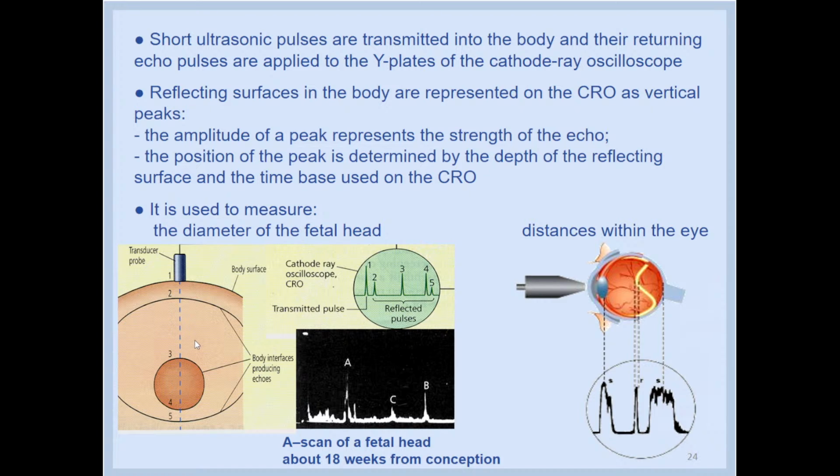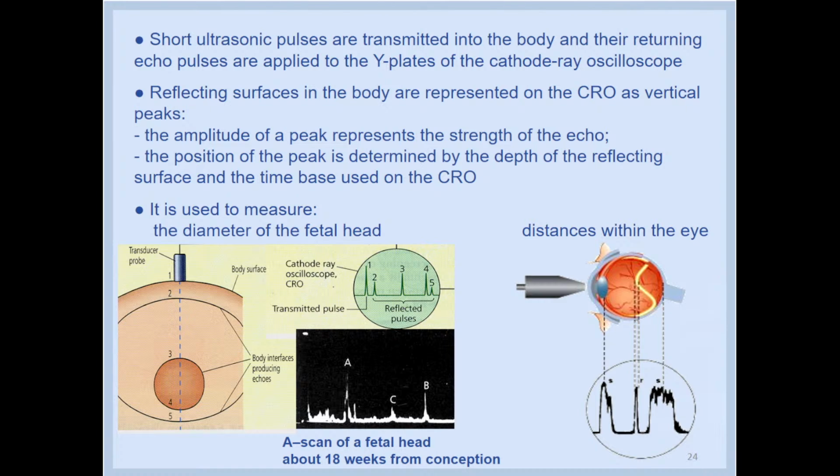The amplitude of a peak represents the strength of the echo. The position of the peak is determined by the depth of the reflecting surface and the time base used on the CRO. The A-scan is used to measure the diameter, in particular, of the fetal head, providing an estimate of the length of the gestation.